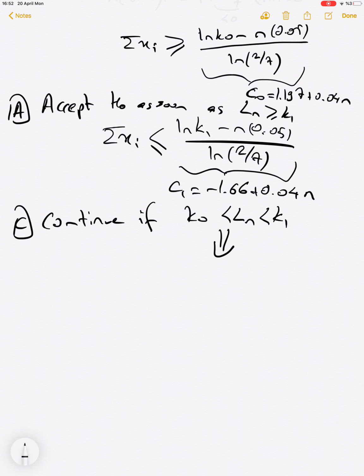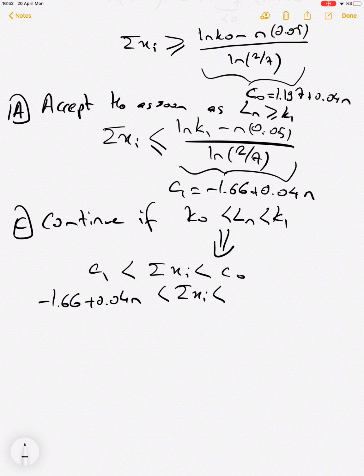So continue if c1, minus 1.66 plus 0.04n, is less than summation xi, which is less than c0, 1.17 plus 0.04n. Okay, so that's the end.